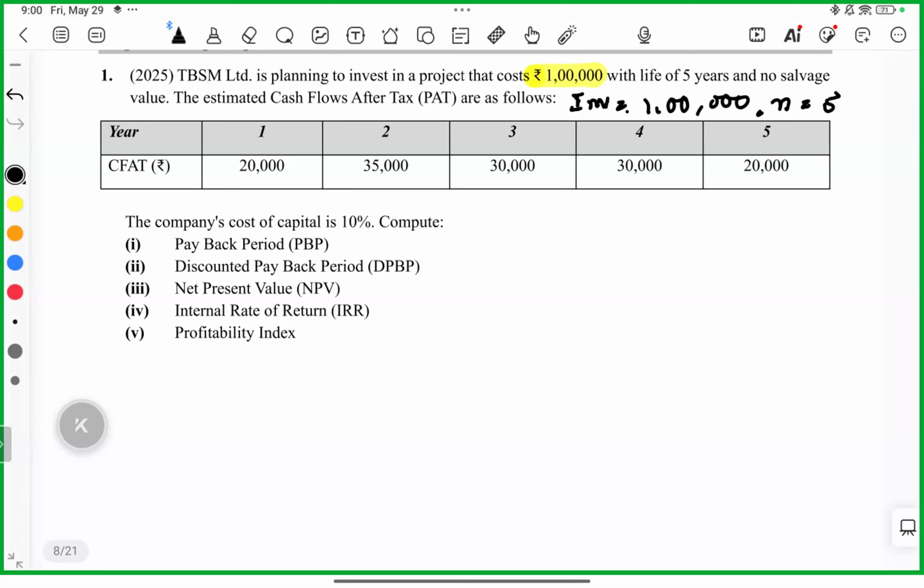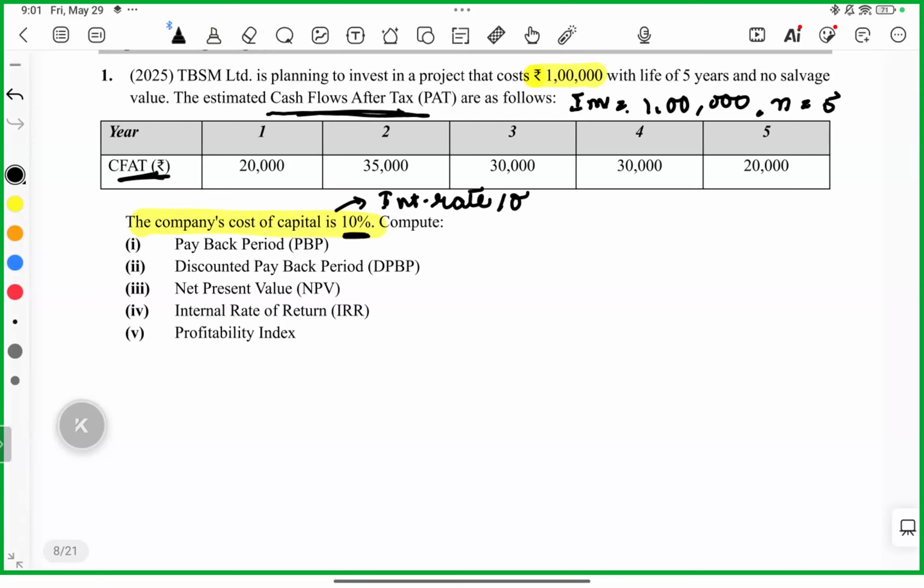Your cash flows after tax, your CFAT, are as follows: 20,000, 35,000, 30,000, 30,000, and 20,000. And your cost of capital is 10%. This cost of capital, for now, you can consider as an interest rate, or suppose you invest this money elsewhere, you will get a return of 10%.